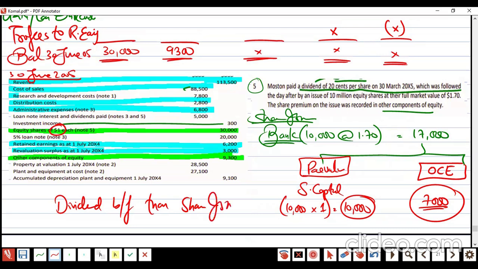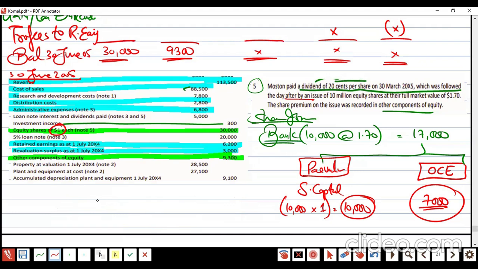Read the question carefully. The dividend was paid, which was followed the day after by an issue. That means they paid the dividend and then issued the capital.